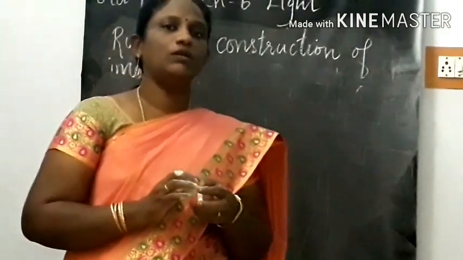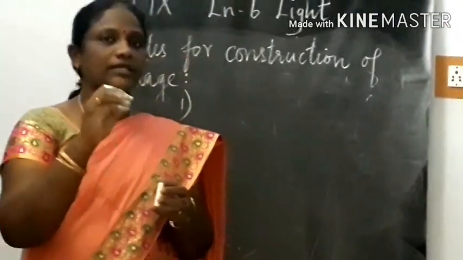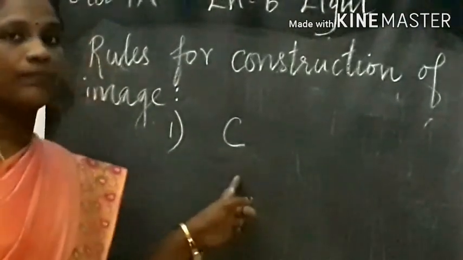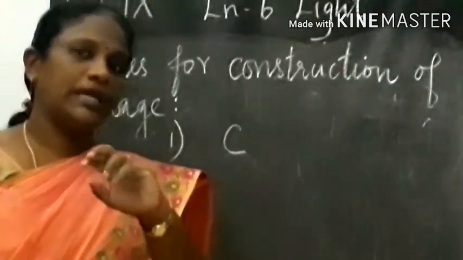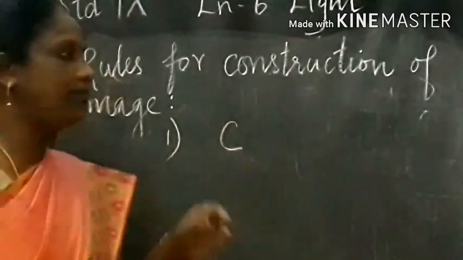What is the first rule? The first rule is that the light ray that is passing through the center of curvature C will be reflected along the same path.